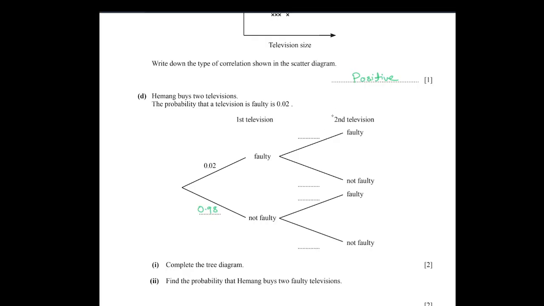So it is 0.98, and again it is 0.02. In the same way you can write the probabilities here, 0.02 and 0.98. Then 0.02 and 0.98.